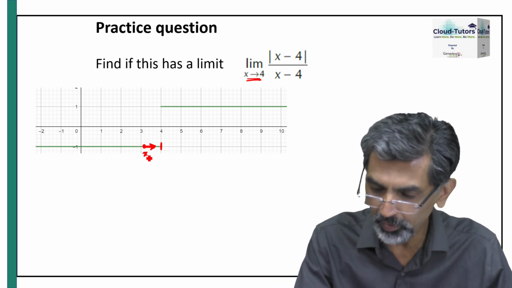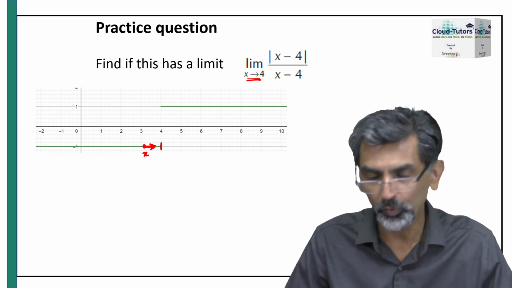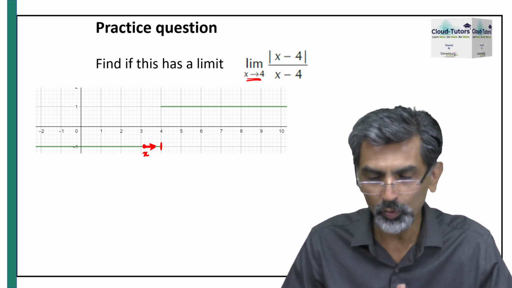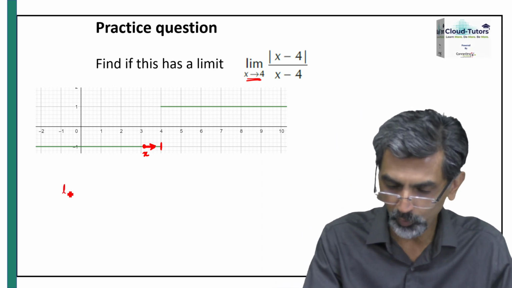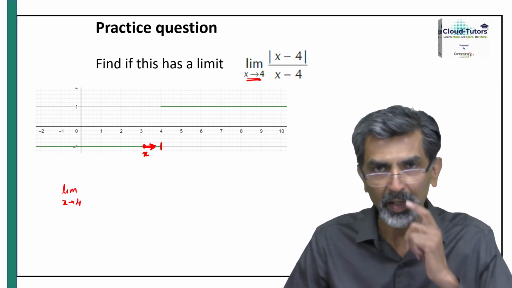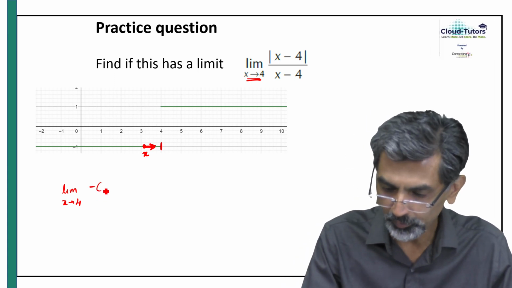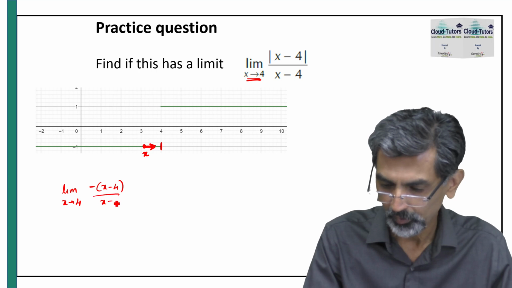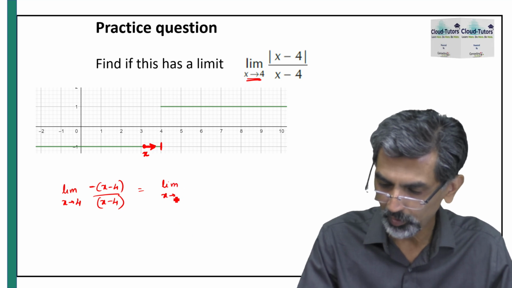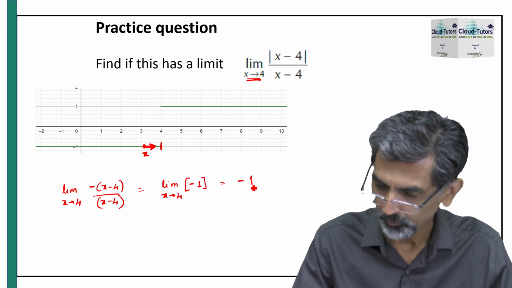If I pick an arbitrarily close value of x close to 4, then you can see that as you approach 4 from the left hand side, the value of x is less than 4, and therefore x minus 4 is a negative value because x is less than 4, and that is limit of x tends to 4 negative 1.